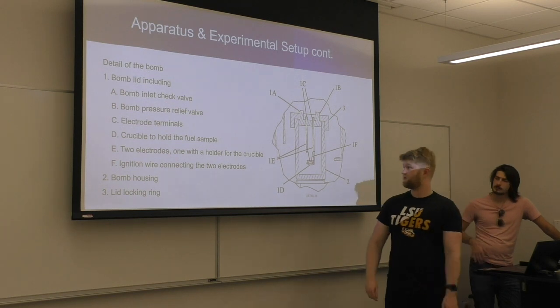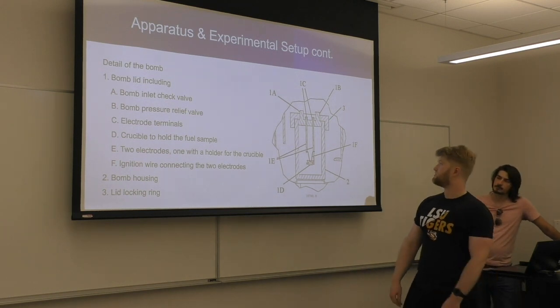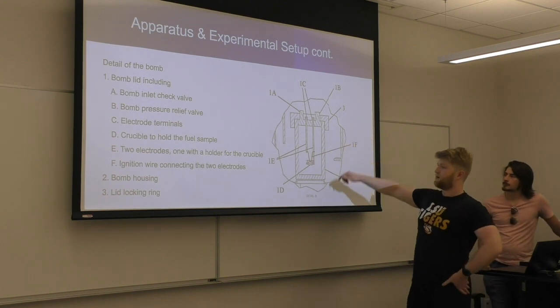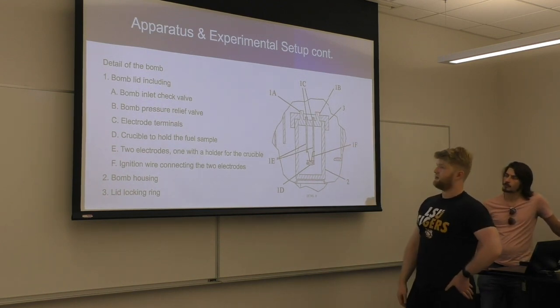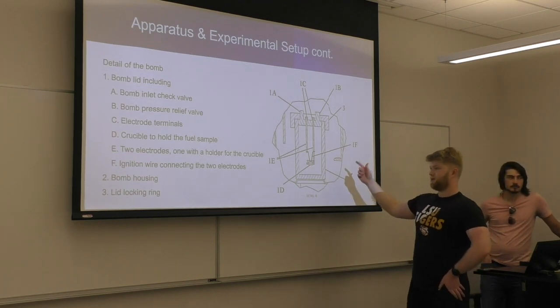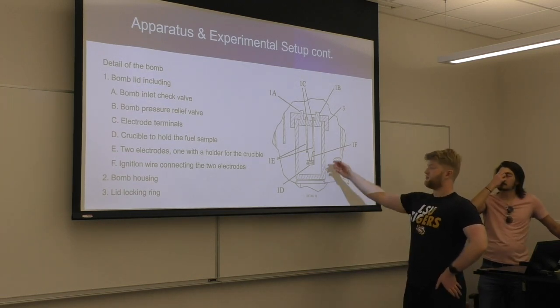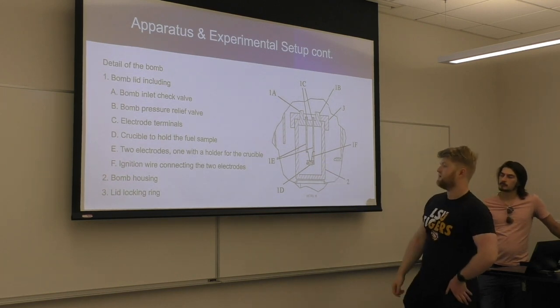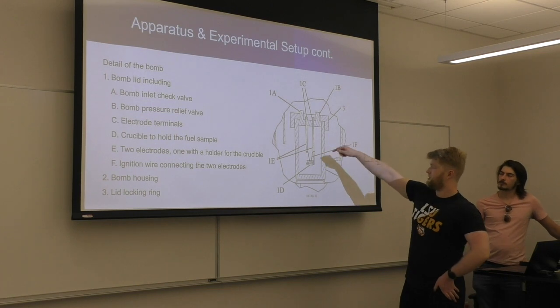The bomb specifically has more subcomponents, including the lid, the housing, and the locking ring. The lid has an inlet and relief valve with electrode terminal, and the crucible right here is where the fuel sample goes, with the ignition wire connecting to it.